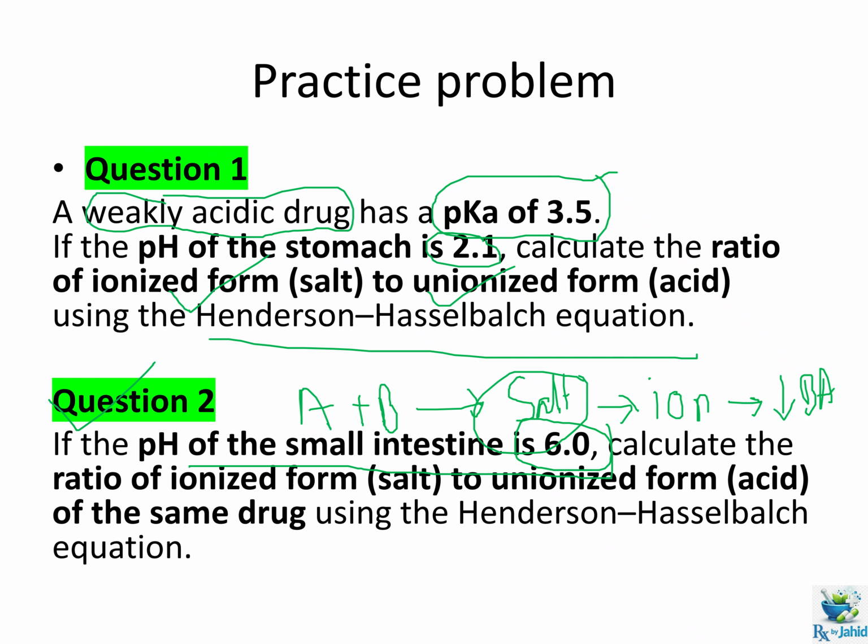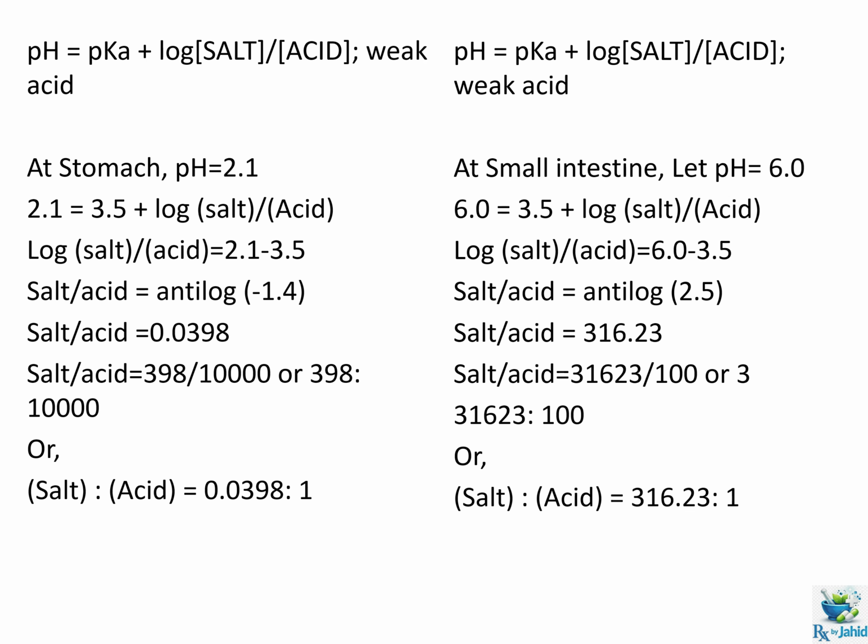Okay, so now let's see the problem and the solution of the problem. Here is the ultimate solution of the math that has already been given earlier. After the derivation and the calculation, we have seen that the salt to acid ratio is 0.03. This means the acidic portion is higher, that is, the unionized portion is higher in the stomach.